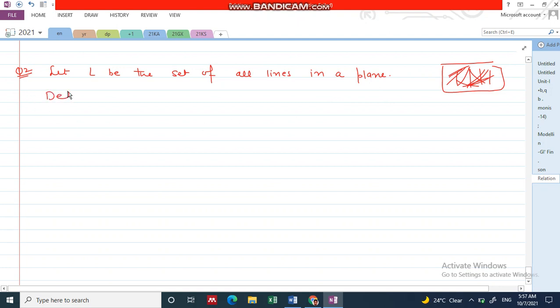Define a relation R on L by taking those lines L1, L2 such that L1 is perpendicular to L2.